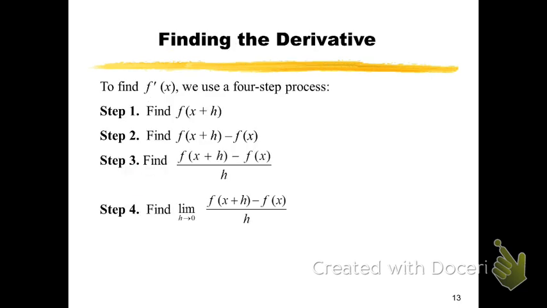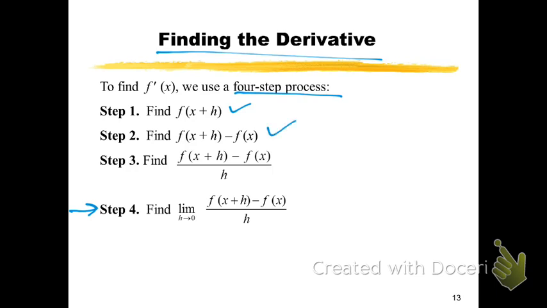So how are we going to find the derivative? To find the derivative, we're going to use what we call the 4-step process. I will tell you that we can do all 4 steps in one, but we're going to go step by step when we do our first example. The first step is to find f of x plus h, so evaluate the function at x plus h.